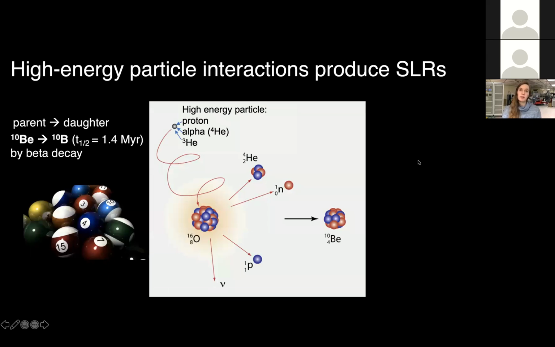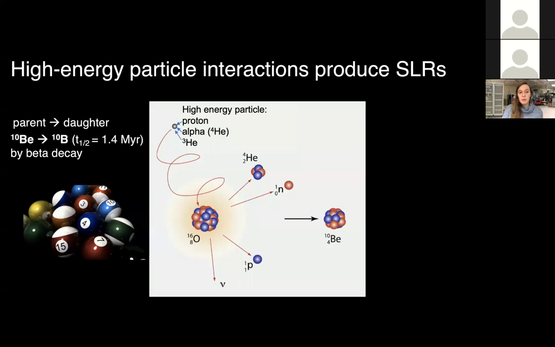Another way to produce short-lived radionuclides is high-energy particle interactions. One example here is beryllium-10, which decays to boron-10 with a half-life of 1.4 million years. You can think of it like billiard balls, where you have a very high-energy particle that is accelerated towards an atom, or collides with a larger atom.